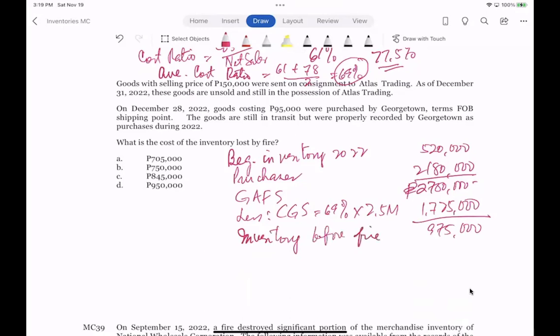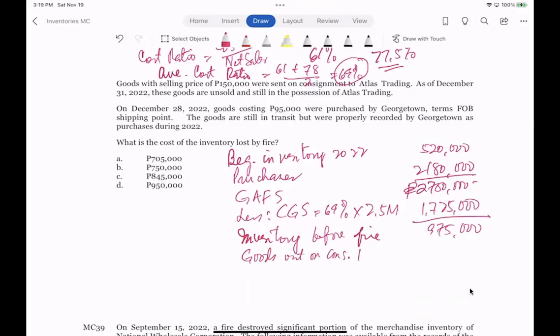is 975. So goods with selling price of 150,000 were sent on consignment to Atlas Trading. As of December 31, 2022, these goods are unsold and is still in the possession of Atlas Trading. So we have goods out on consignment.